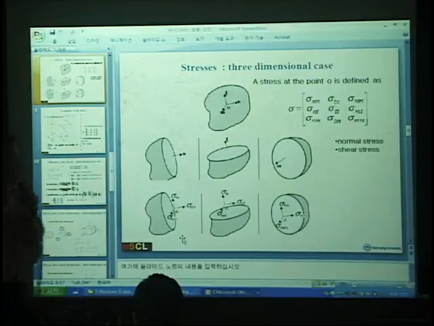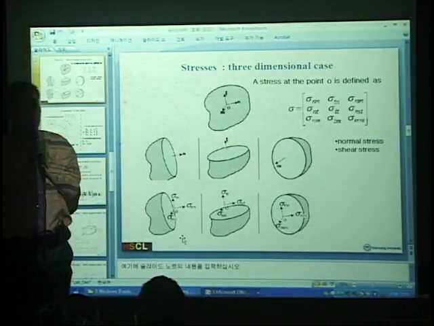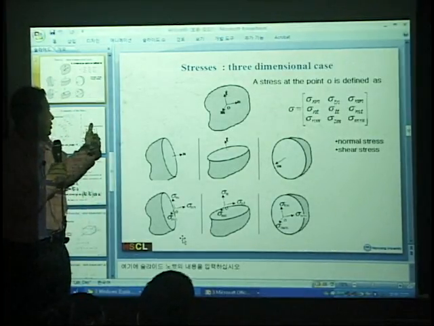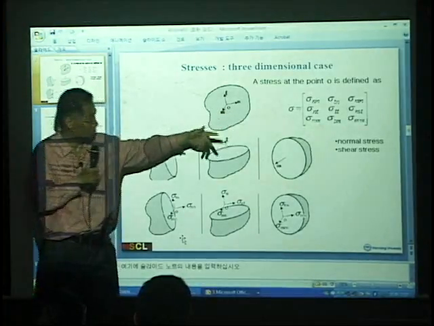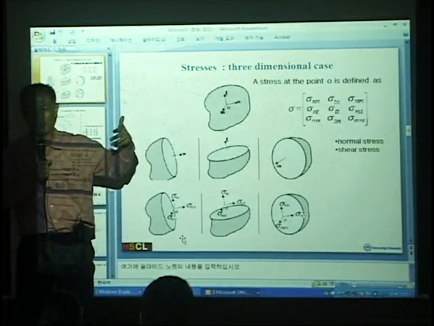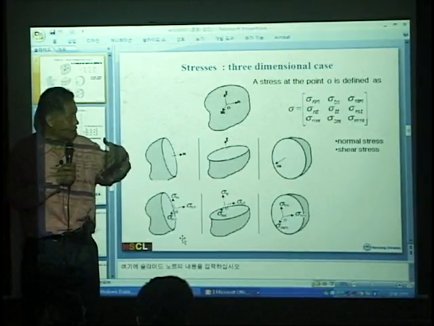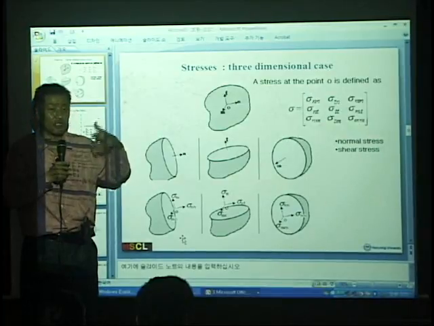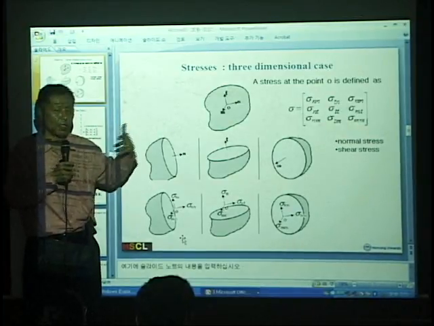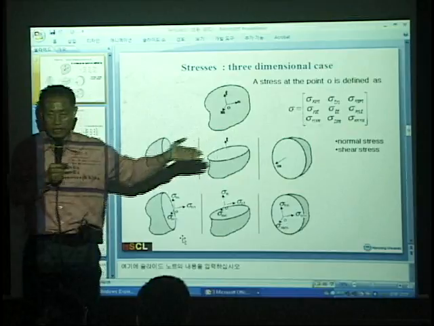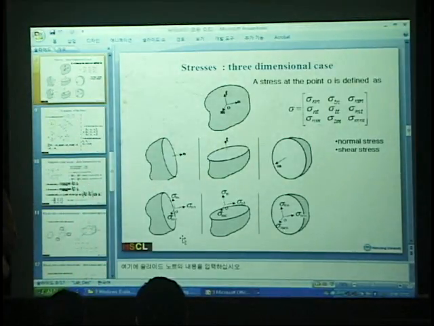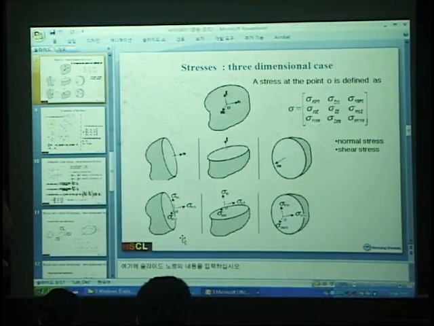Well, you may wonder why we are bothered by such complicated definitions. It is hard to explain at this point, but just try to understand the definitions in this way, and you will see why and how we define material properties, and how we define internal stresses.